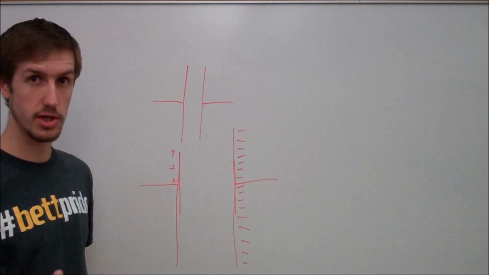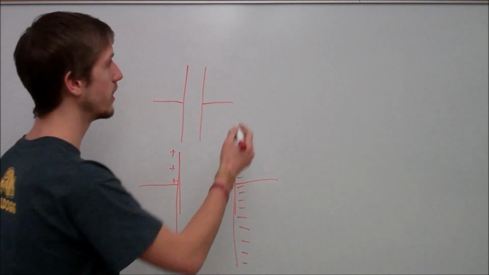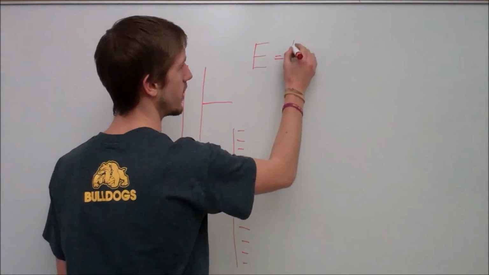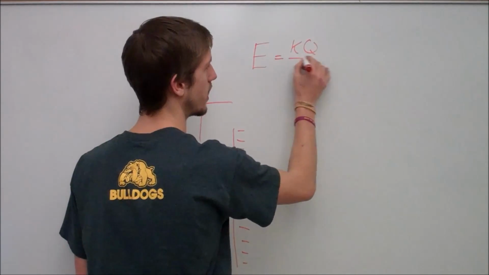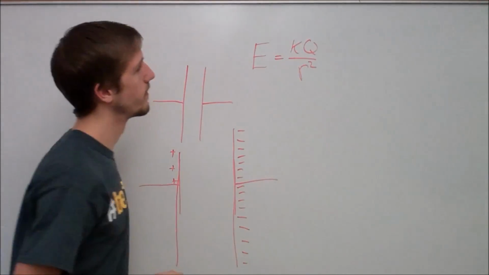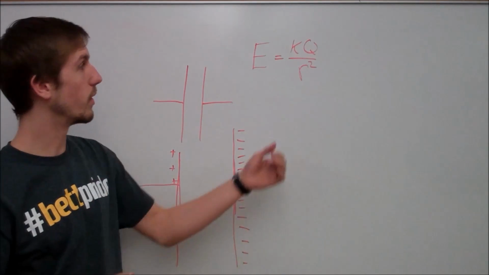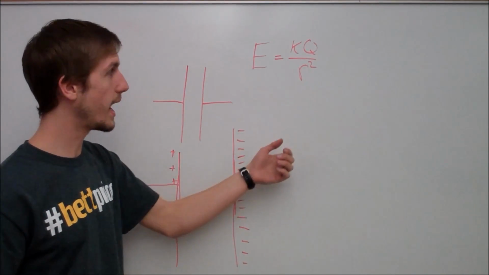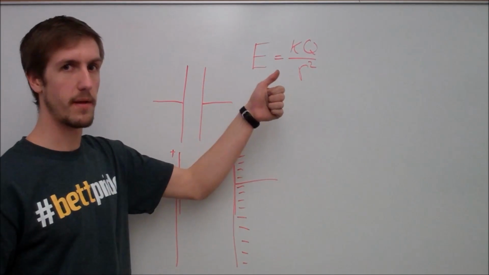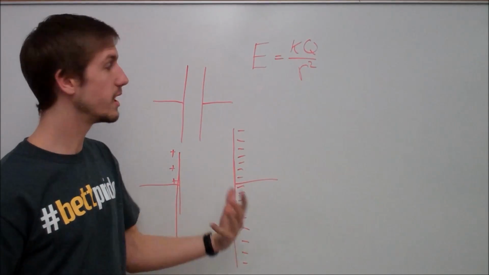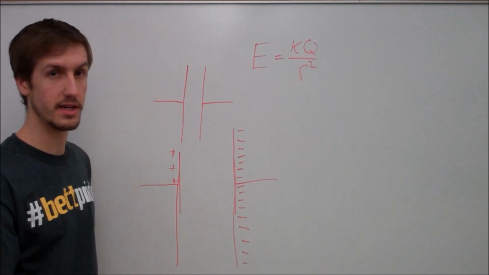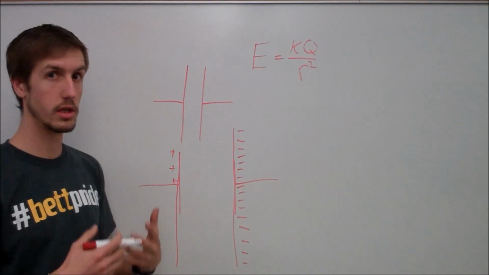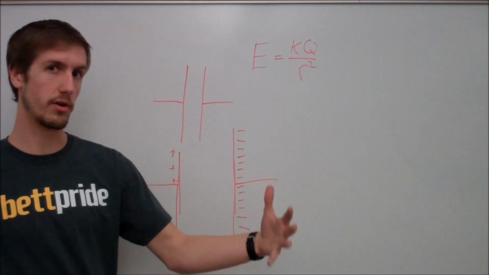And as we look into any formula that we had before, something like our E field equation, it was 1 over r squared. So as r increased, my value of E field decreased. That same thing happens here: the value of charge that I could build up is going to be lower the farther apart we are.